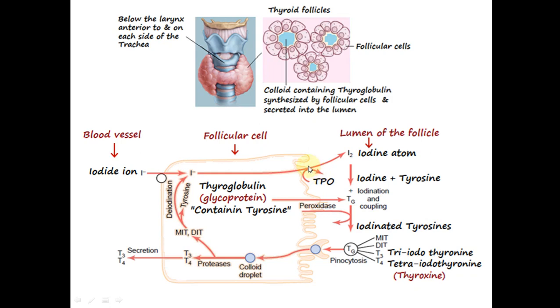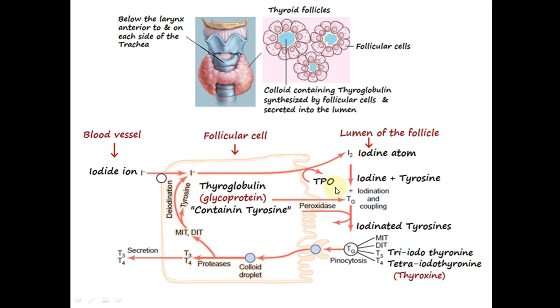In the elemental or atomic form, the iodine that was taken up from the blood by the follicular cell is secreted into the lumen of the follicle.